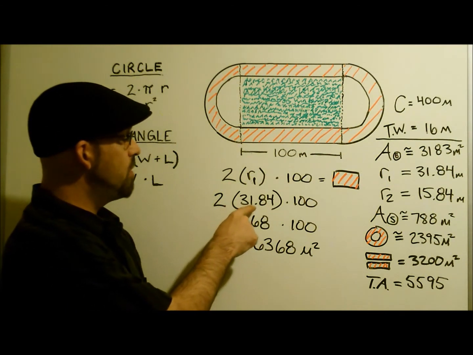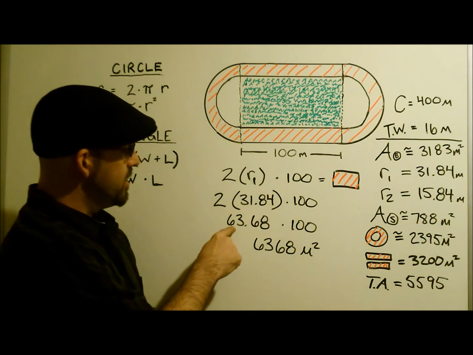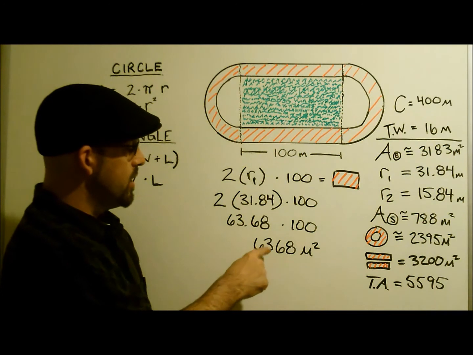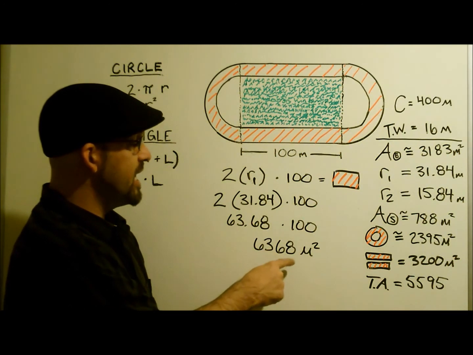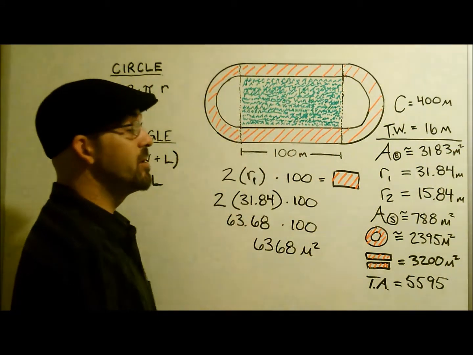Two times 31.84 times 100 is 63.68 times 100, which is 6,368 meters squared for the entire area of the large box in the middle.